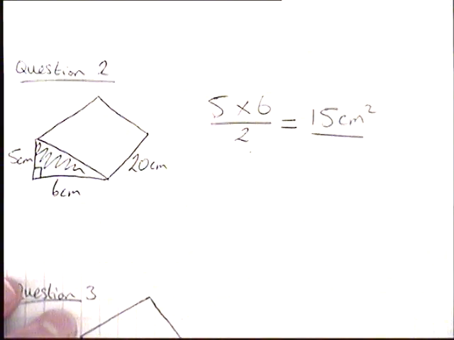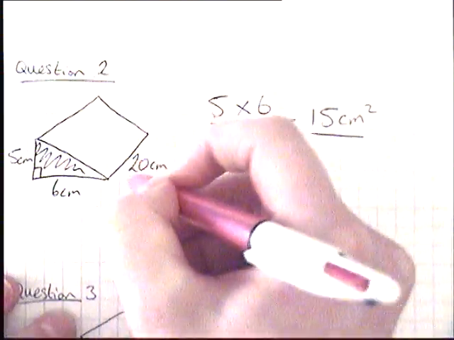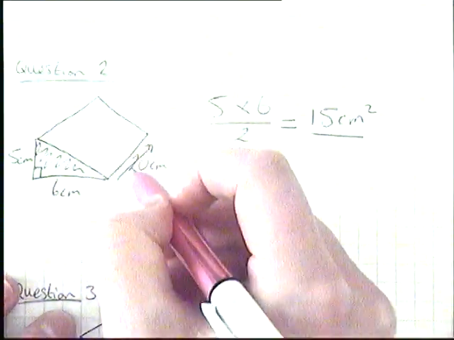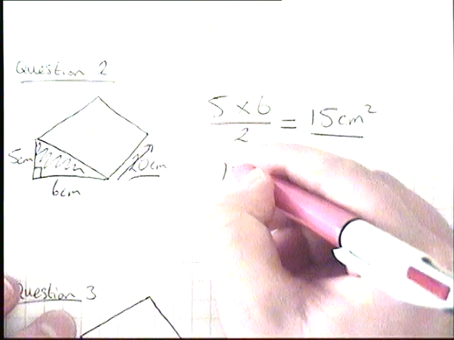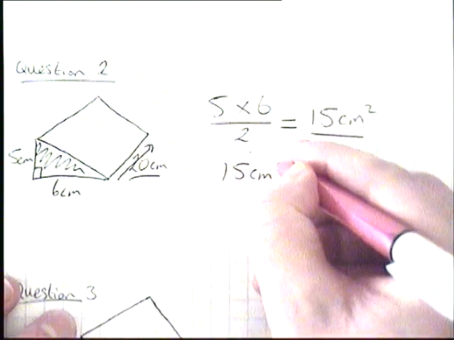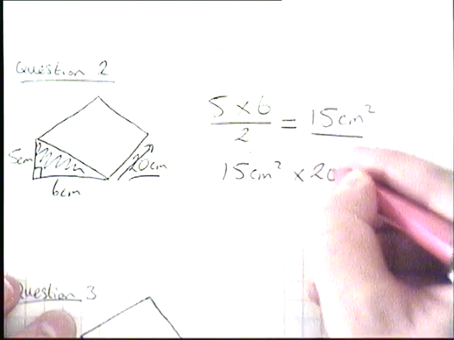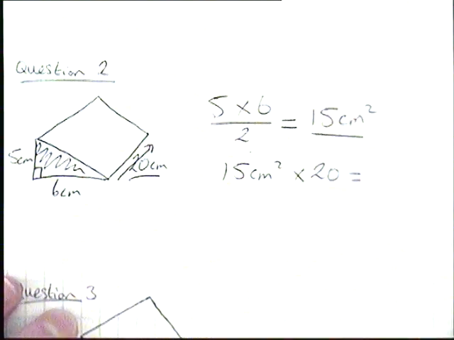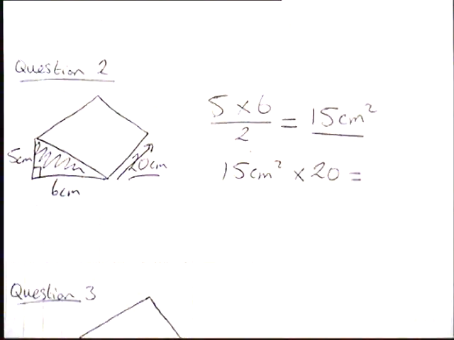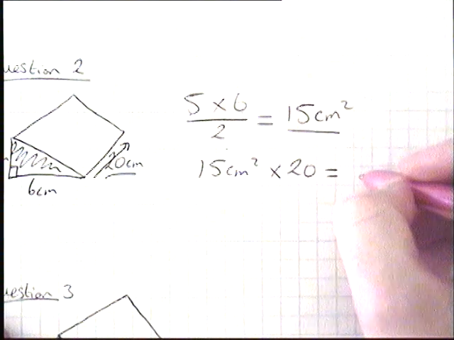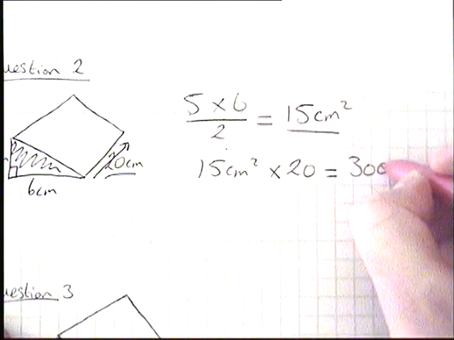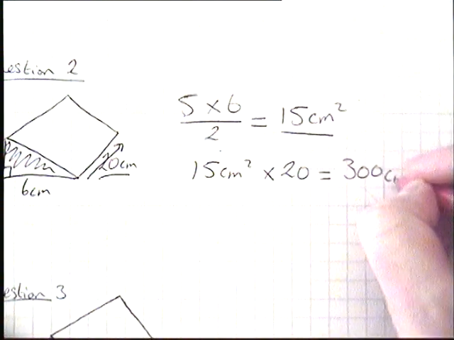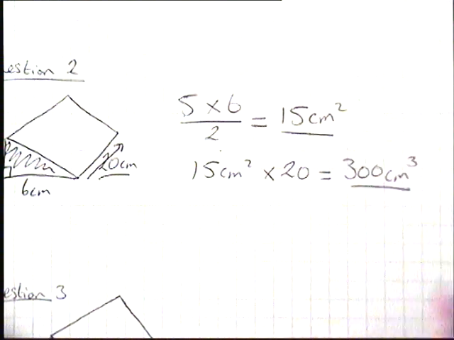And then that area of our cross section multiplied by the length of our prism, which is 20. So we've got 15 centimeters squared times 20 leaves us with 300 centimeters cubed.